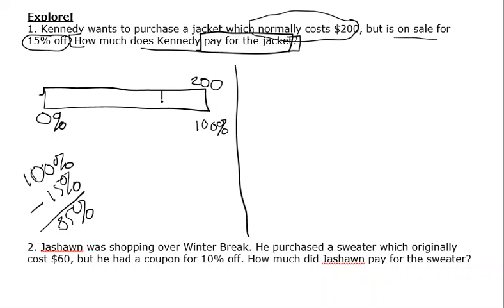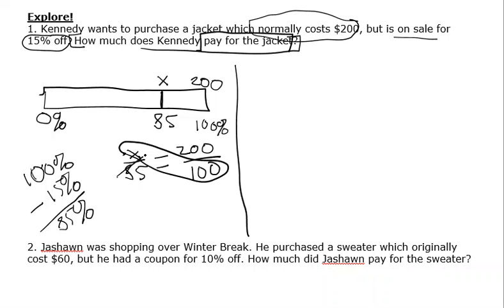I don't know what 85% is. That's my x. And I'm going to put my 85 here. Now this gives me a really beautiful problem to set up, because I can just go x over 85 is equal to 200 over 100. And now I have this beautiful way to set up an equation. I just cross multiply.